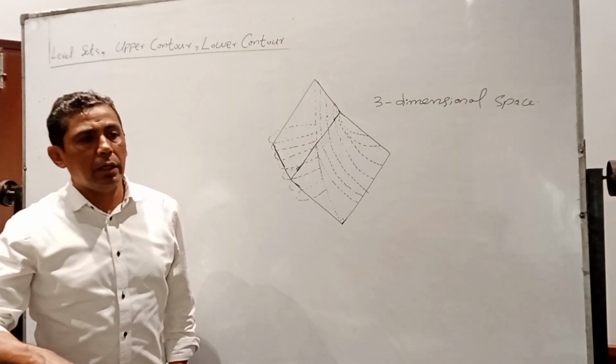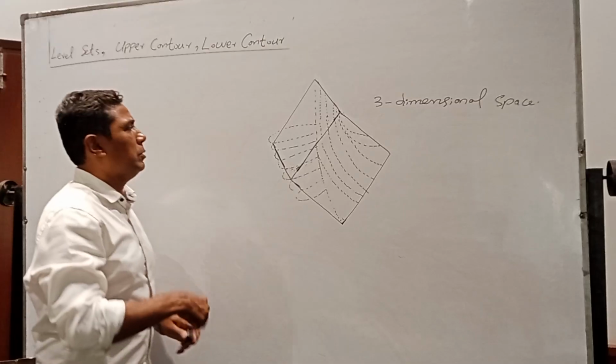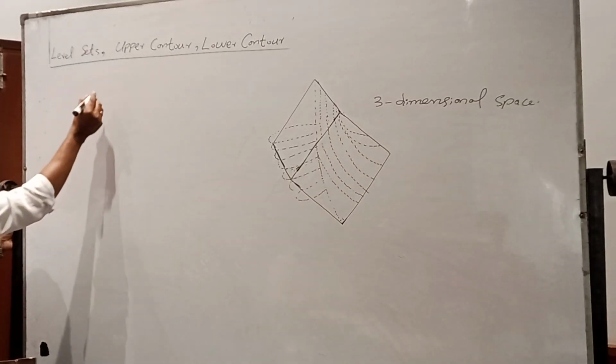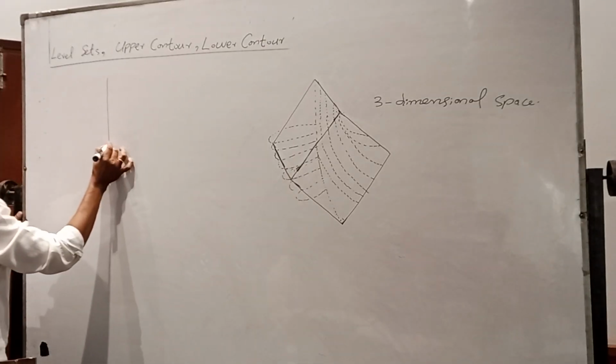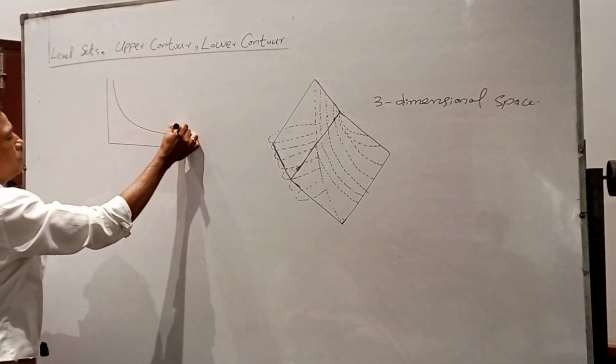And indifference curve, let's say if we have, for example, this is kind of IC.